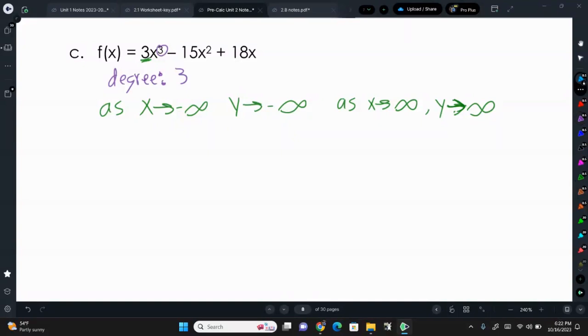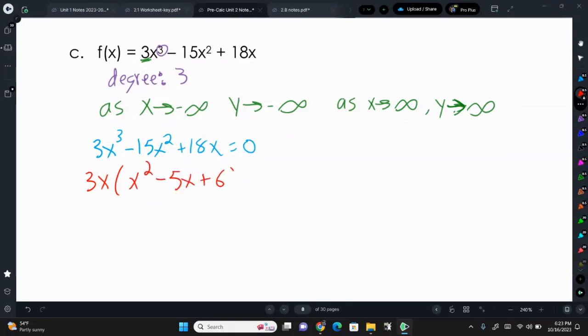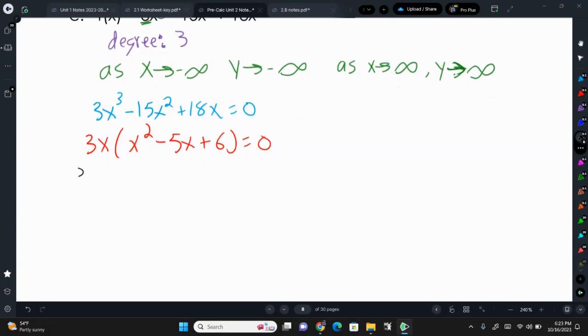So now to find our x-intercepts, we have 3x to the third minus 15x squared plus 18x equals 0. We can factor out a 3x, and that leaves us with x squared minus 5x plus 6 equals 0. And then we can factor x squared minus 5x plus 6. That's going to be x minus 3 times x minus 2 equals 0.